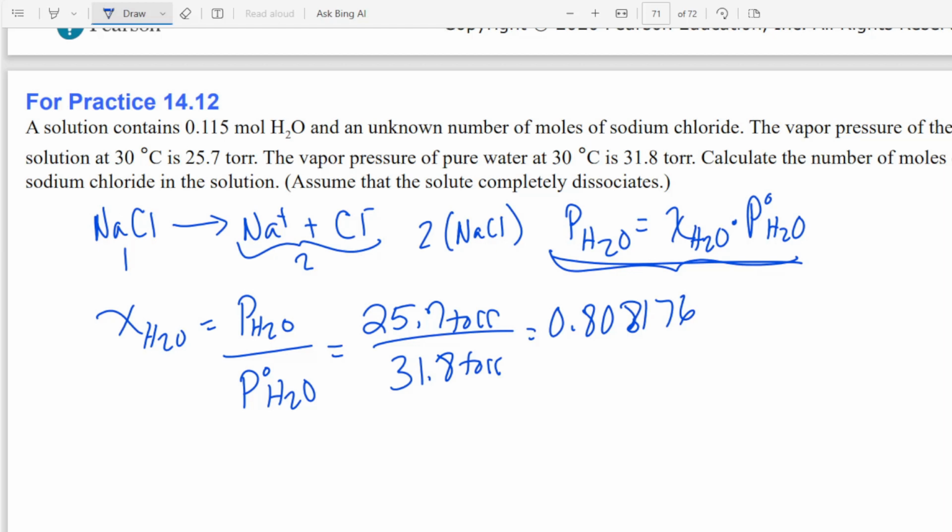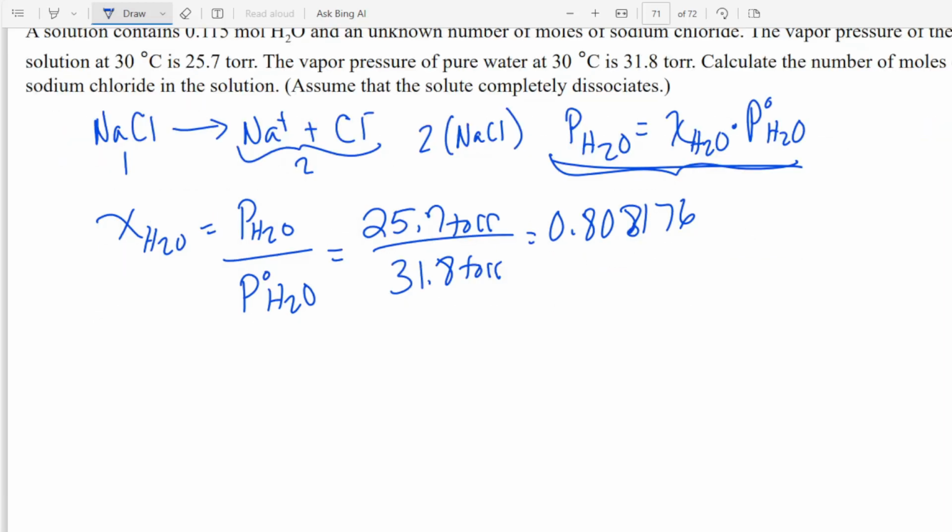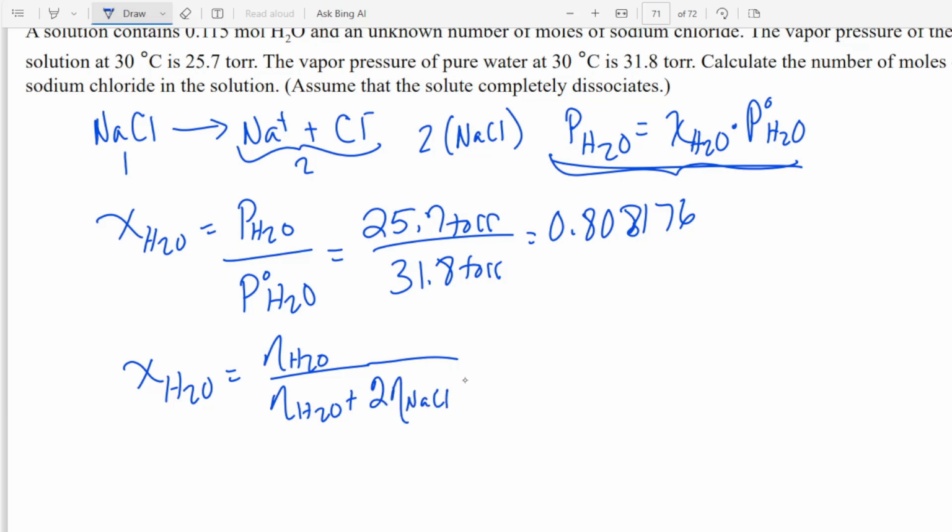So from the vapor pressure of the solution and the vapor pressure of the pure water, we were able to get the mole fraction of the water. We also know that the mole fraction of the water is equal to the number of moles of water divided by the moles of water plus the moles of ions due to the sodium chloride. So that's going to be equal to 2 times the number of moles of sodium chloride.